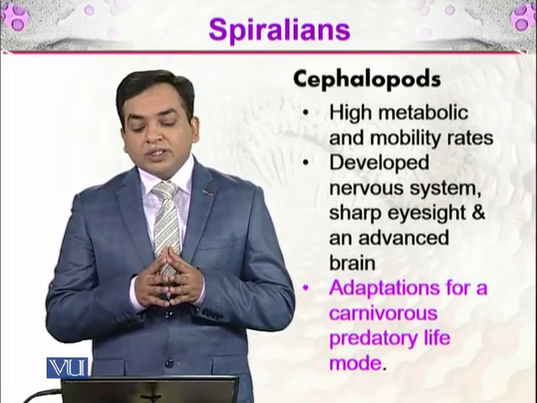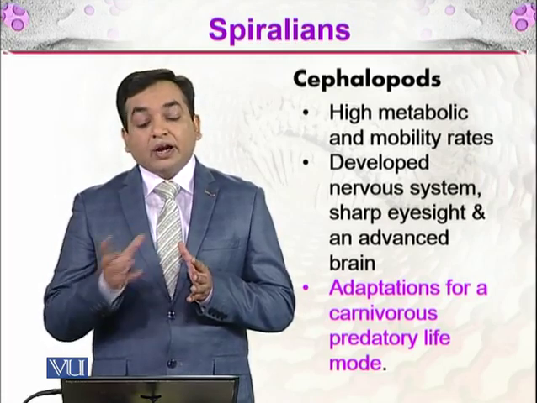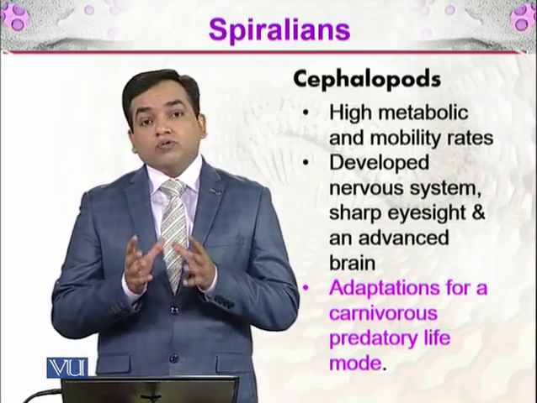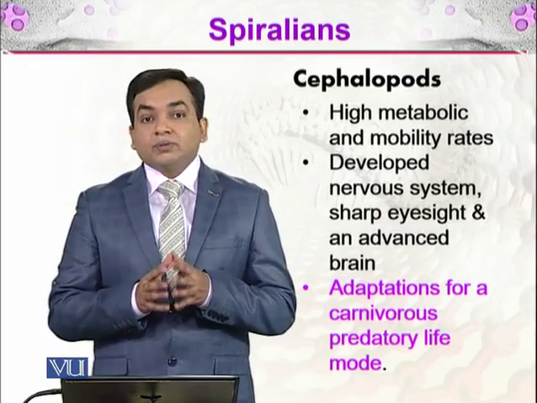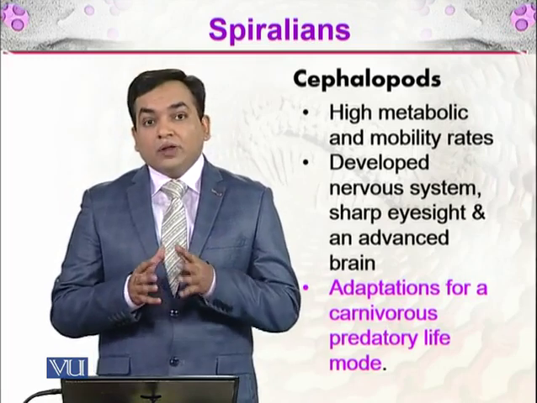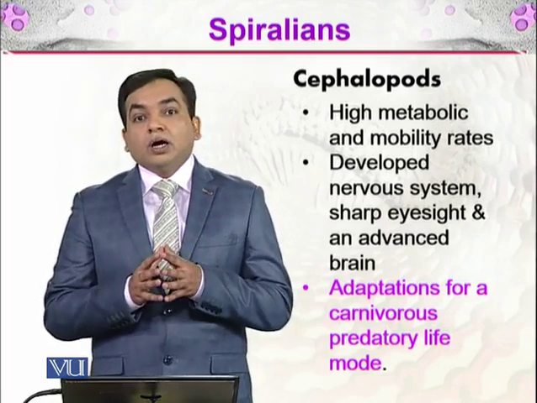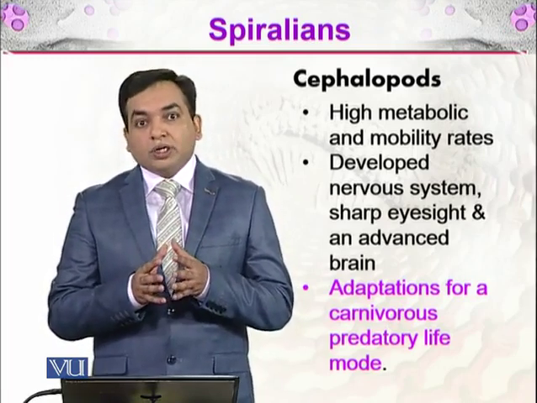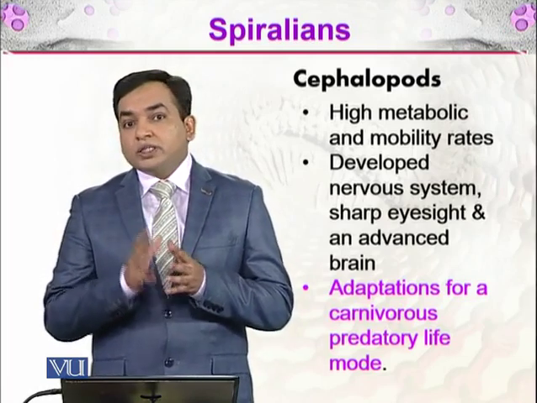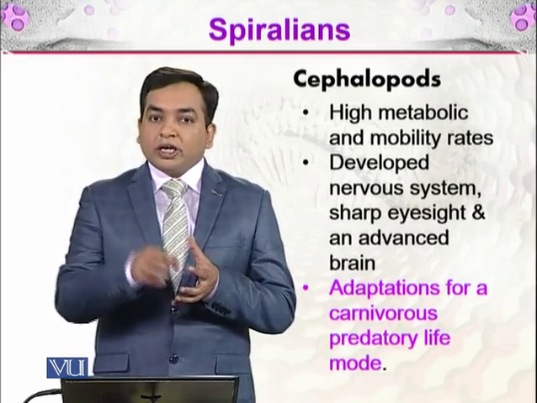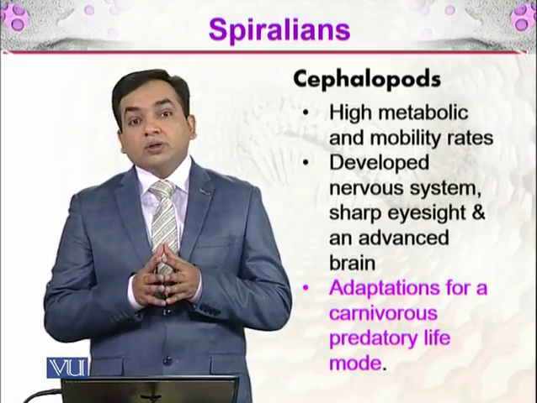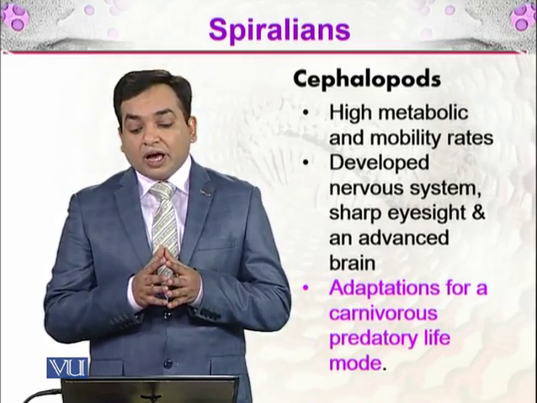They develop a nervous system, sharp eyesight and an advanced brain. So these are very advanced organisms in terms of cognition. They have some thought process, in a way that they can solve very simple problems. An octopus can unscrew a jar and take out the food from it. So these are very advanced organisms in that way.